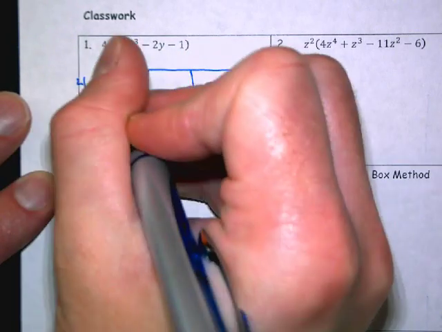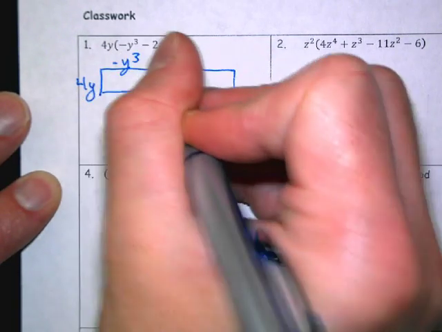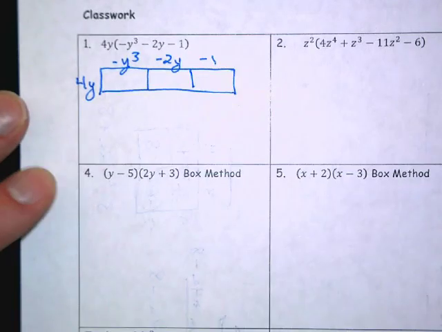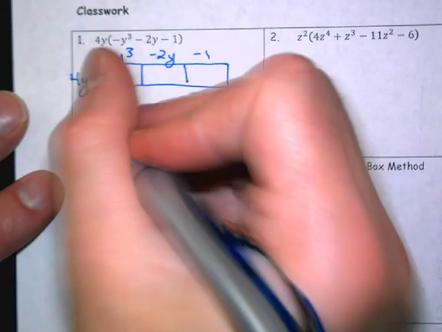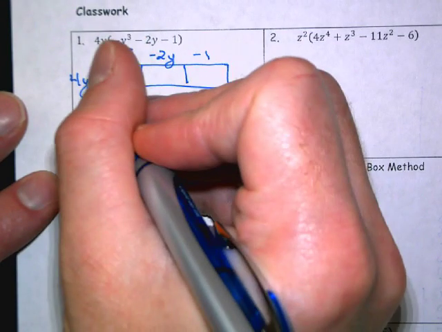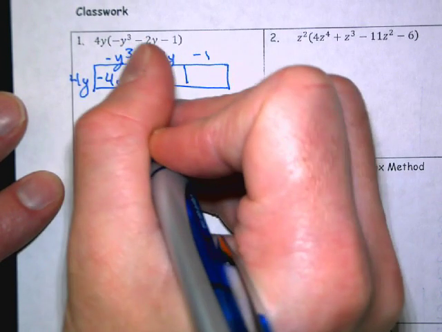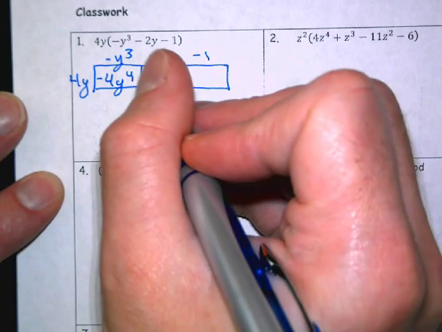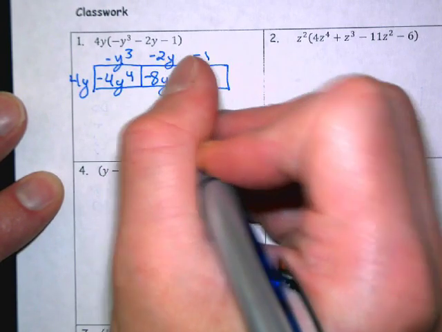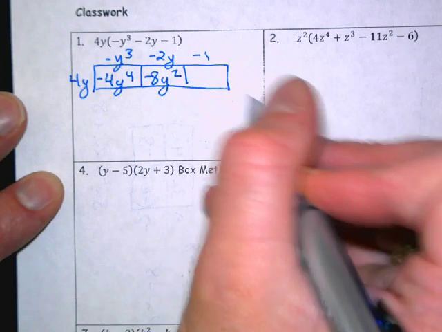It's just a 1 by 3. I have some every year that like to do that. Kind of makes it more visual as how to distribute. Does that make sense? So 4y times negative y to the third would give us negative 4y to the fourth.